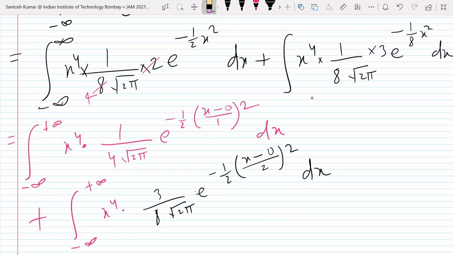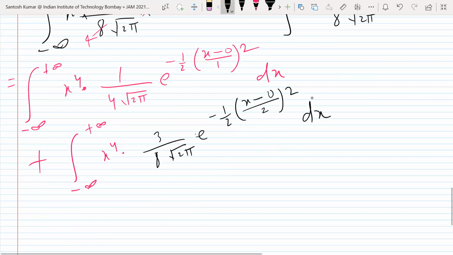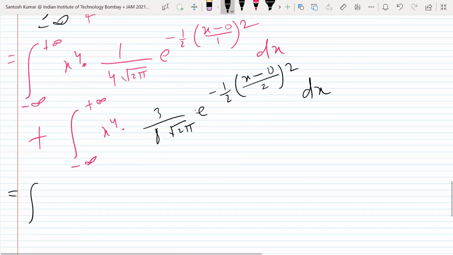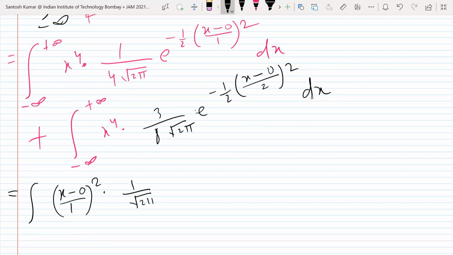So equal to x^4 converted to (x minus 0) upon 1 whole square, and 1 by root 2 pi, sigma here is 1, e raised to power minus half ((x minus 0) upon 1) whole square dx. I left the 4 if you noticed, so let me write it outside.